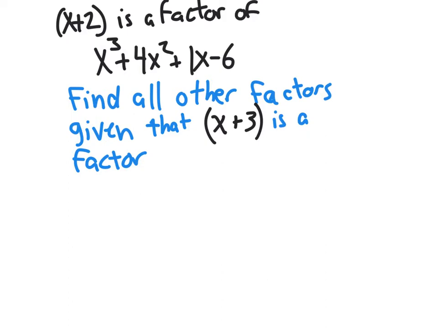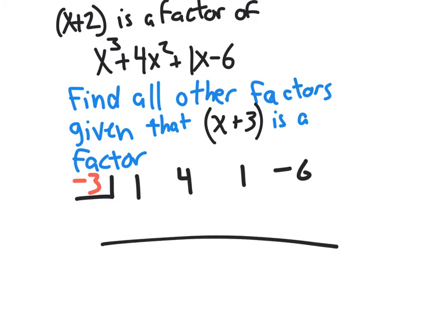So let's actually show that the remainder is 0 and show you how else you could apply this synthetic division. All right, so inside the box, we're going to have what? Negative 3. Okay, and the coefficients are, once again, 1, 4, 1, negative 6. We just did this work, didn't we? Yeah. Okay, well, we have a 1 right here, we have a negative 3 up here, we have a 1 down here, we have a negative 3 up here, we have a negative 2 right here, we have a positive 6, and of course, the remainder is 0.